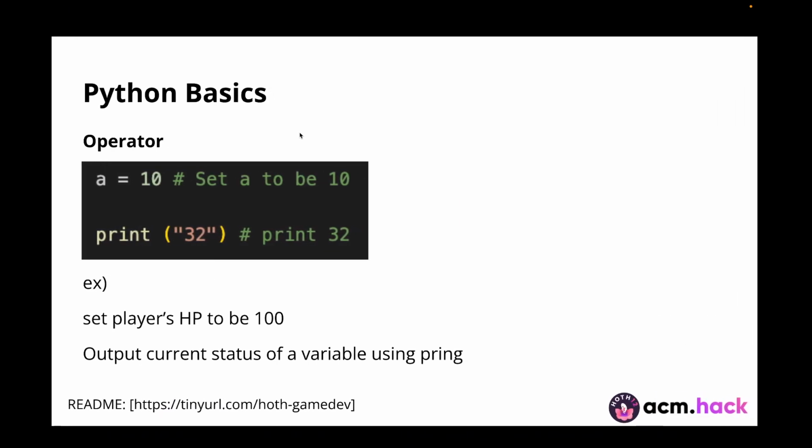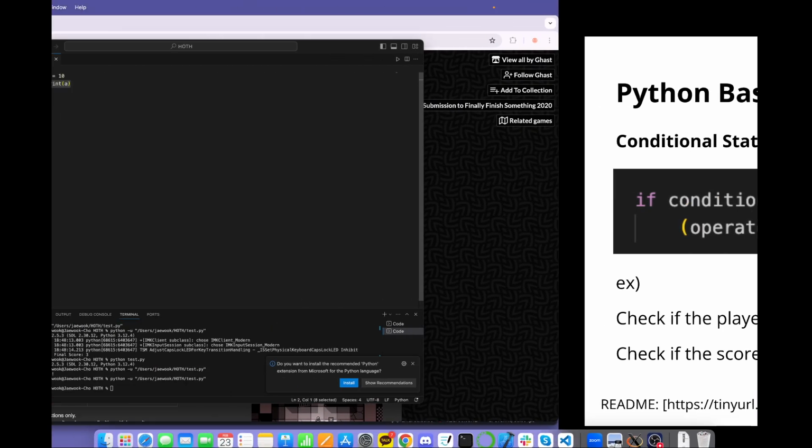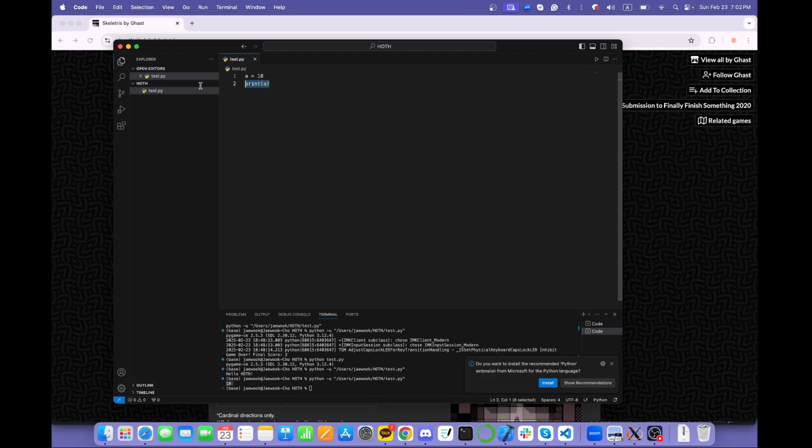Awesome, great. Moving on to conditional statement, we use the syntax called if, and then after if we put a condition, colon, and the line below we put the operator we want. For example, let's say we want to check whether the value a contains 10 or not.